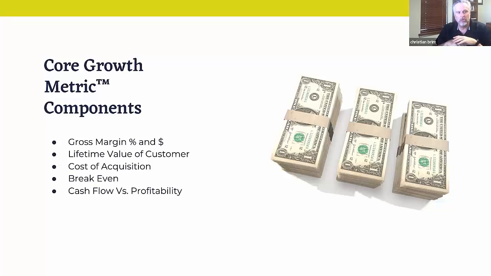Cash flow versus profitability, there's a lot that goes into this, but understanding the timing differences is basically what we're worried about. Depending upon how you bill clients, how you collect on your clients or customers, understand the impact of that.